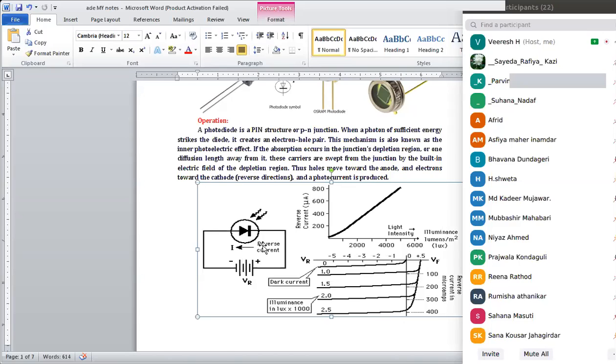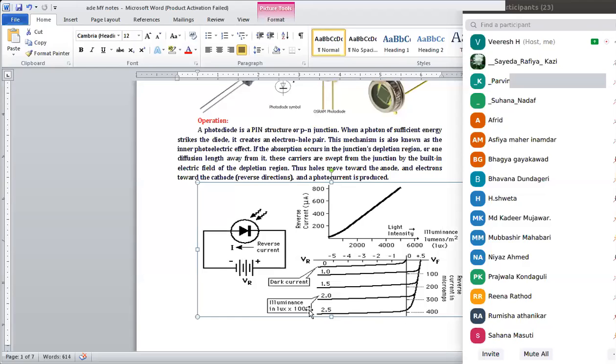Now here, the reference voltage is going into the negative, -1, -2, -3, -4, -5, and the current is also increasing stepwise, -100, -200, -300, -400 microamps. Minus, that is reverse current in microamperes.